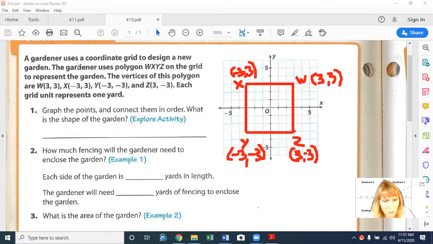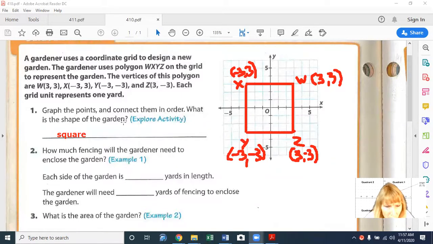What is the shape of the garden? Well, we just answered that question. It is a square. Oh, I want to use red. Square. S-Q-U-A-R-E. Square. Okay. That's the name of the shape.